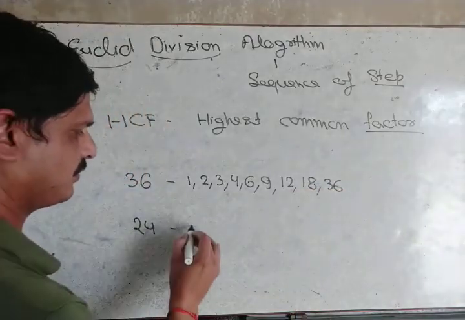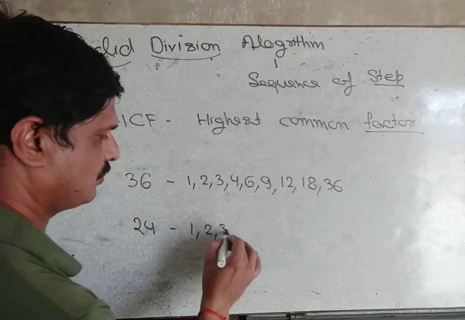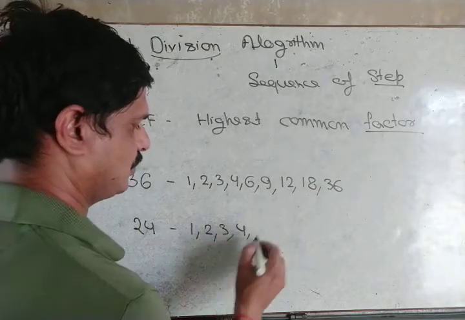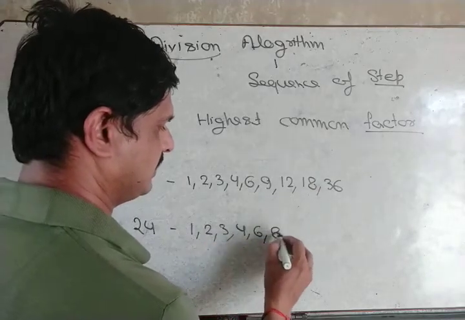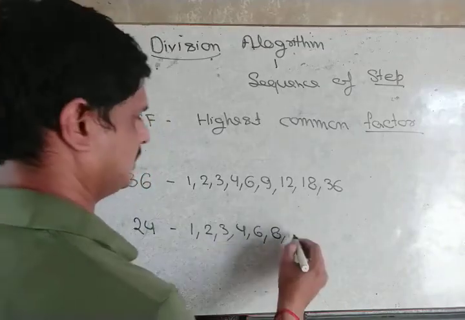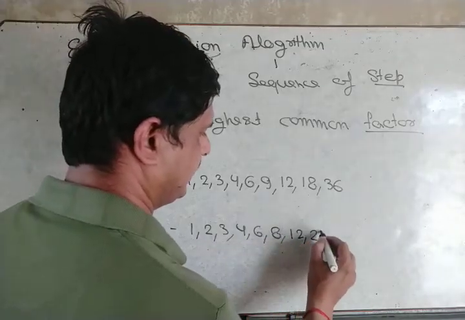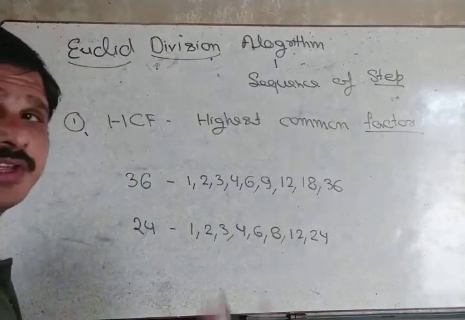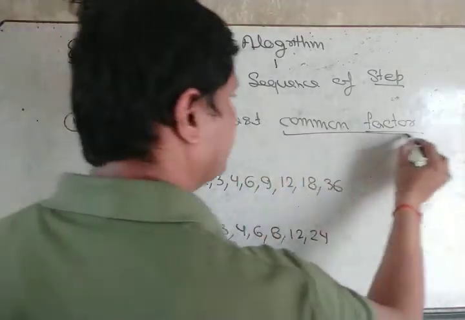Factors of 24: 1, 2, 3, 4, 6, 8, 12 and 24.